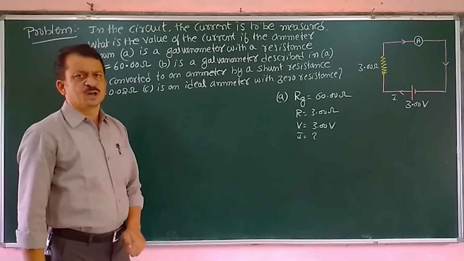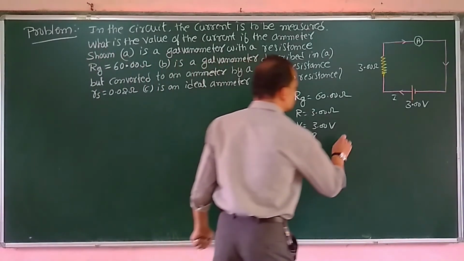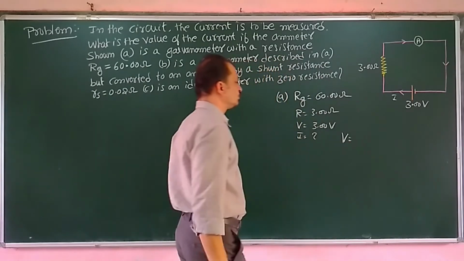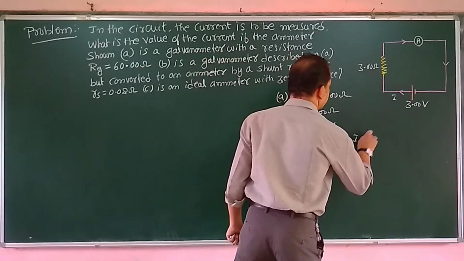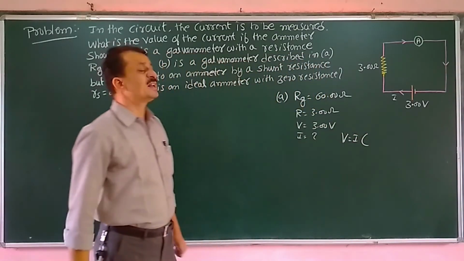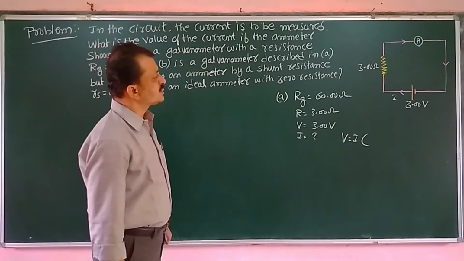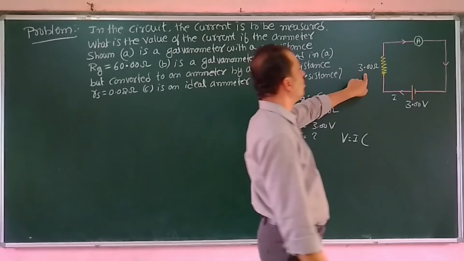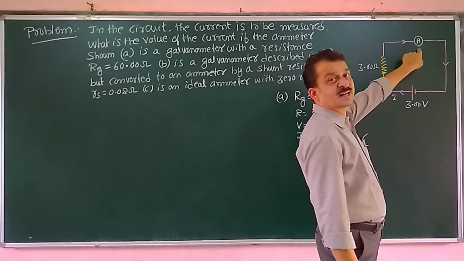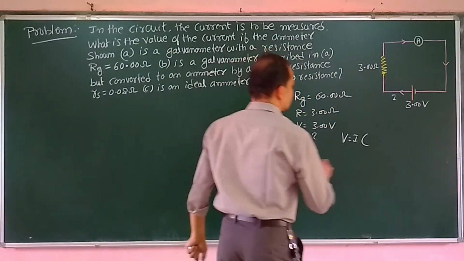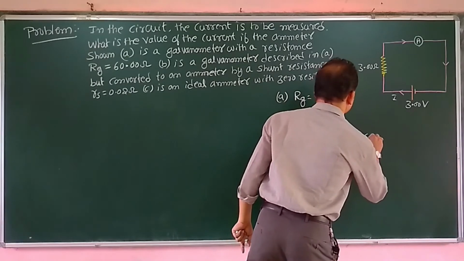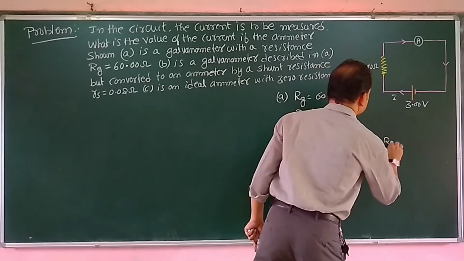Simply by using Ohm's law, the voltage V is equal to current I into the total resistance of the circuit. Now what is the total resistance here? The 3 ohm is in series with the galvanometer resistance, therefore it is R plus Rg.